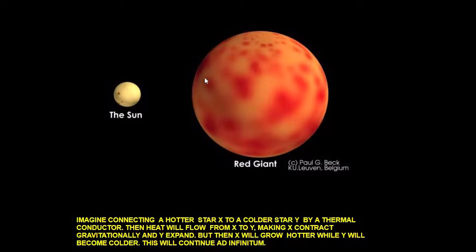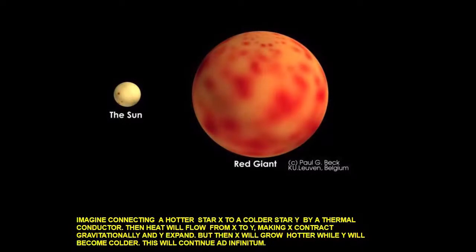And in the thought experiment, what I do is I connect the photosphere of the sun to the outer surface of the red giant star. And the laws of thermodynamics tell me that heat will flow from higher temperature to lower temperature. So heat energy will flow from the surface of the sun to the surface of the red giant star.